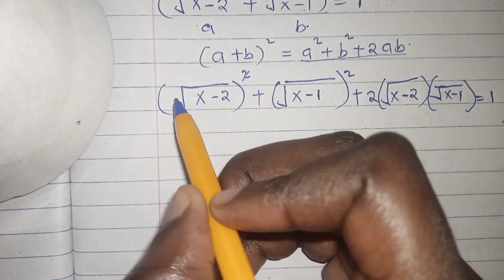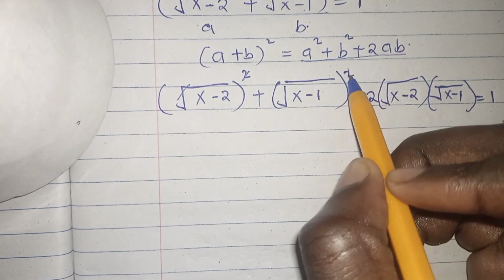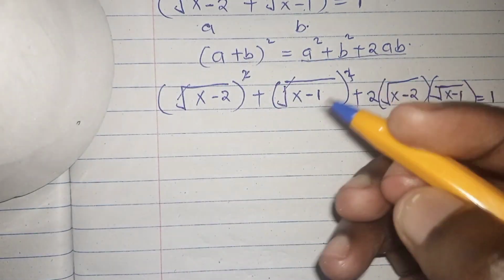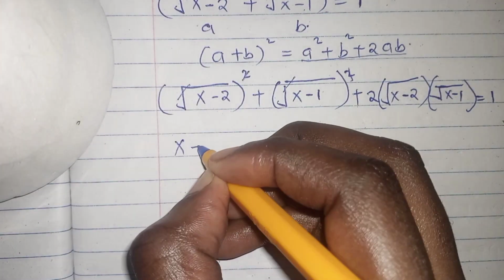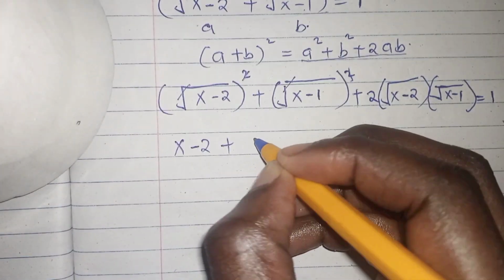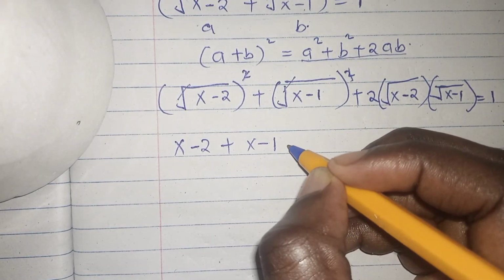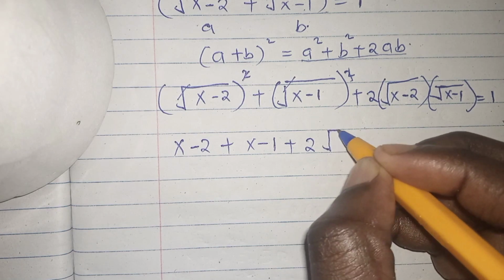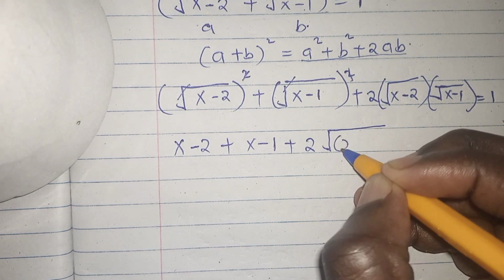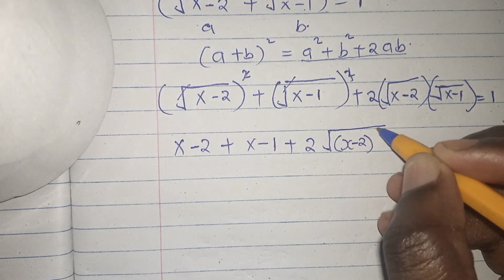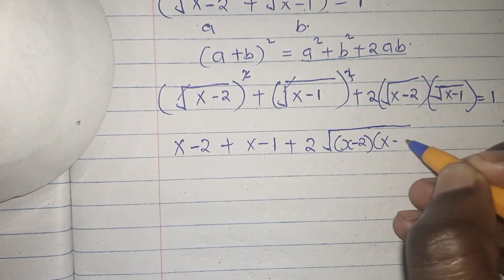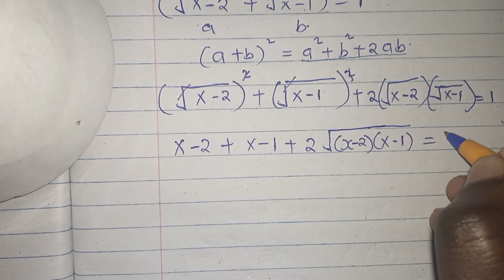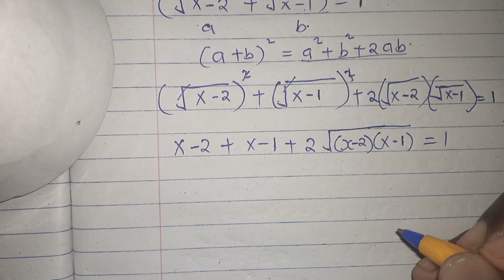So this square will cancel with the square root and this square will cancel with the square root. So x minus 2 plus x minus 1 plus 2, and we have this square root in common, the square root of (x minus 2) times (x minus 1), is equal to 1. Nice.